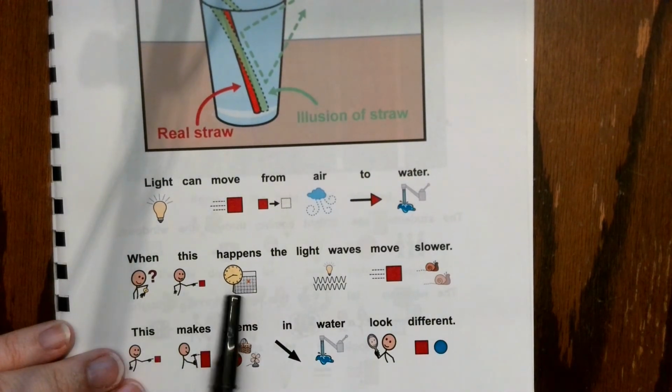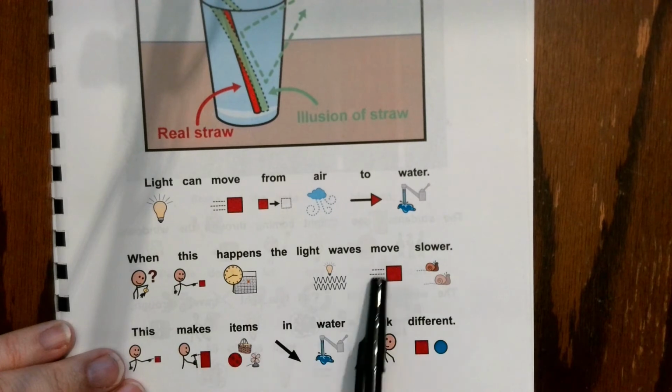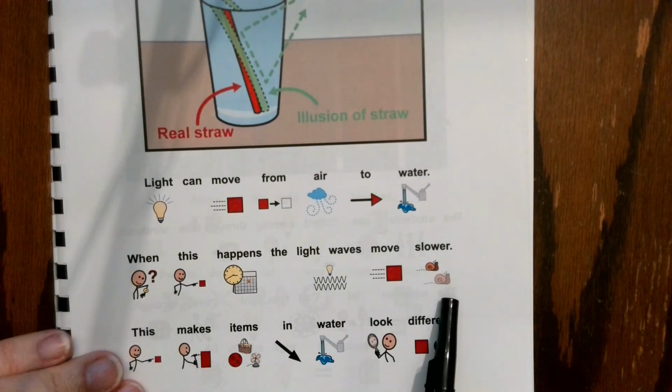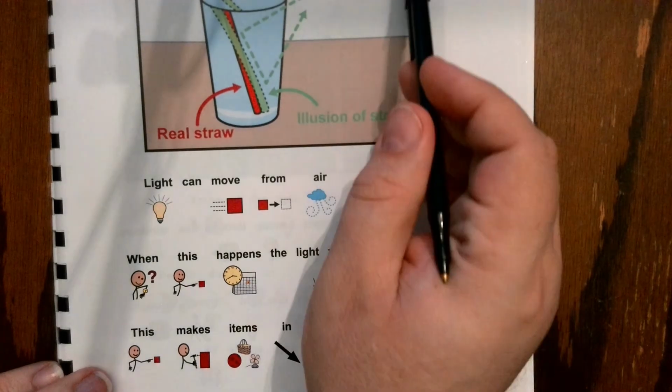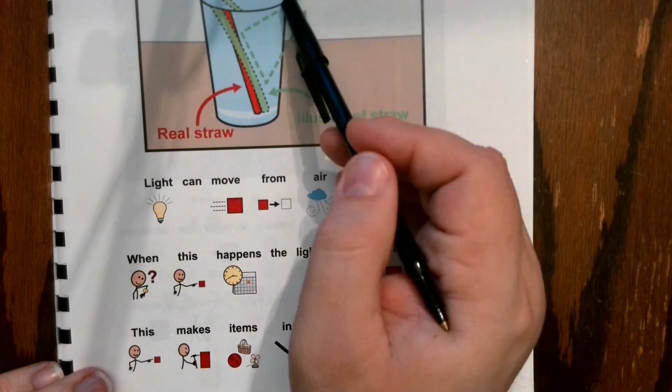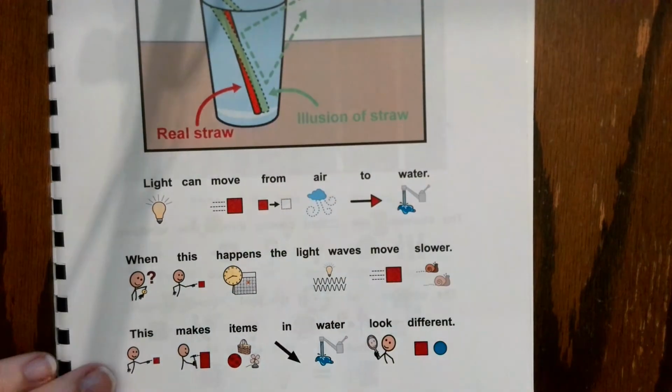When this happens, the light waves move slower. This makes items in water look different. Light wave travels fast in air, but a little slower in water.